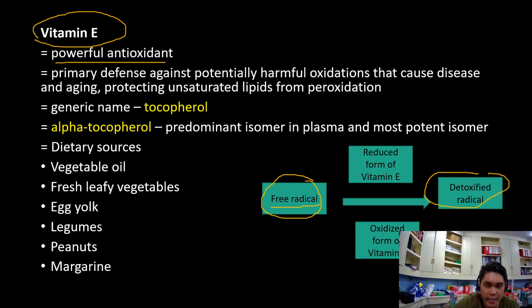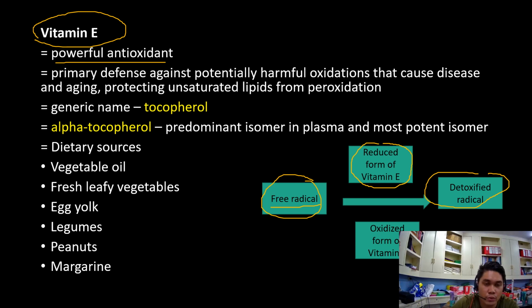In the conversion of free radical to detoxified radical, the reduced form of vitamin E is responsible. After that conversion, the reduced form will be oxidized, so we have the oxidized form of vitamin E.